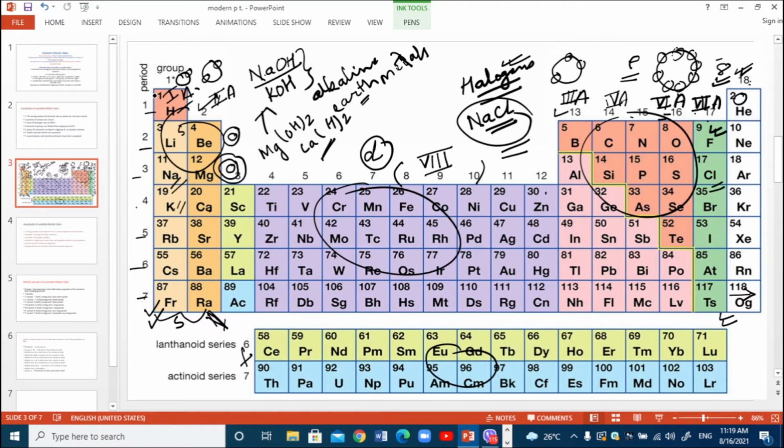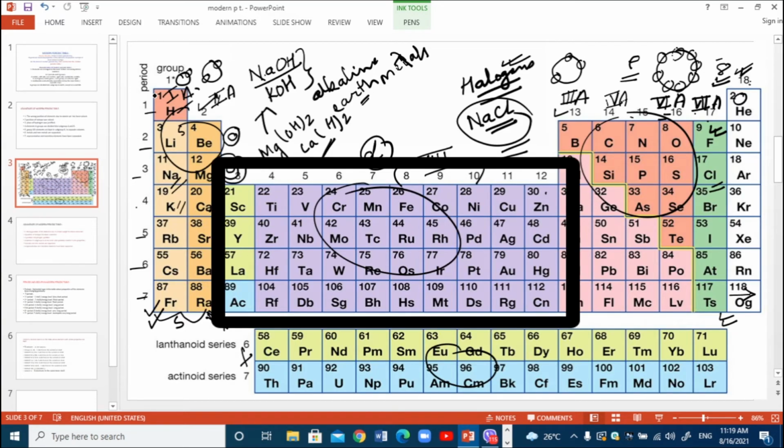So H minus is electronegative and H plus is electropositive. This way hydrogen can be kept in group 1A as well as in 7A, but it is kept at the beginning of the table due to its least atomic number, atomic number 1.